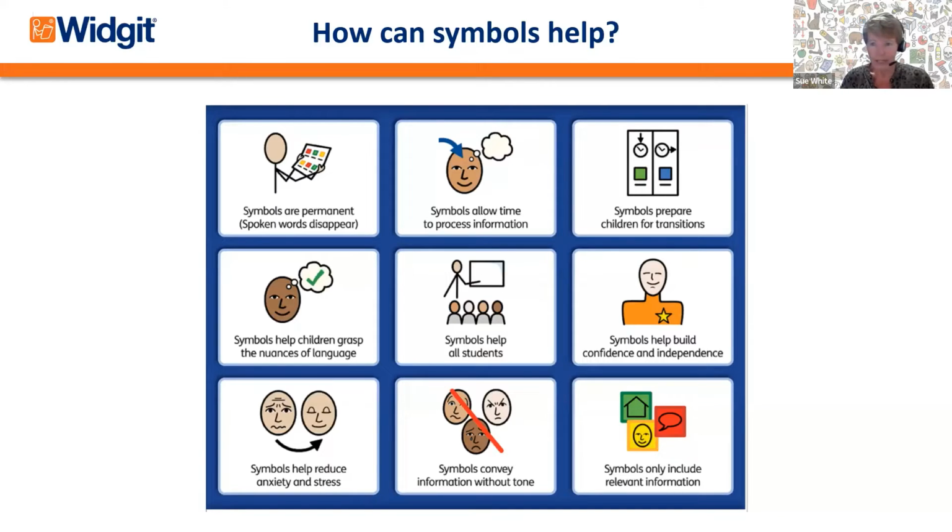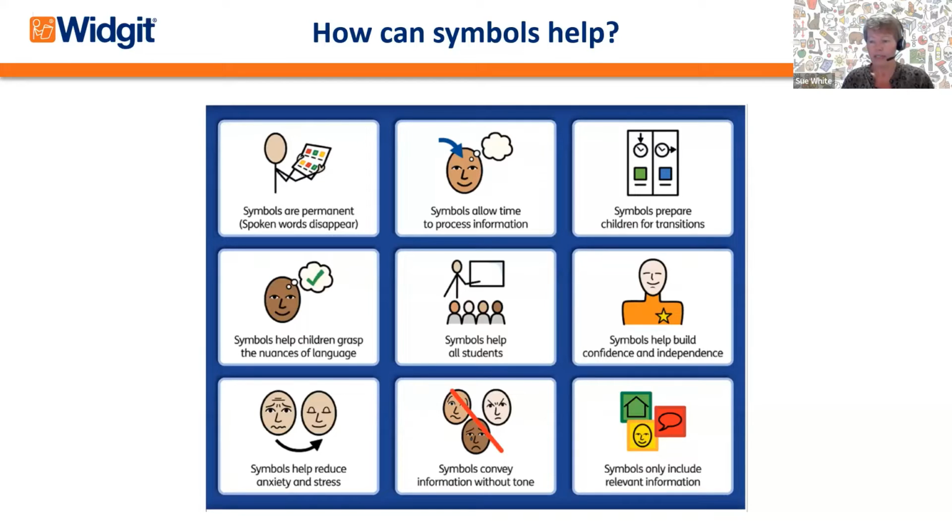We all know how difficult the English language is. It's particularly difficult to learn and understand. So take homonyms. So lead, as in follow me, and lead, as in the metal. Very different meanings, spelt the same. Symbols above those words can help explain what it is that you mean. Idioms, such as I'm feeling blue, for example.